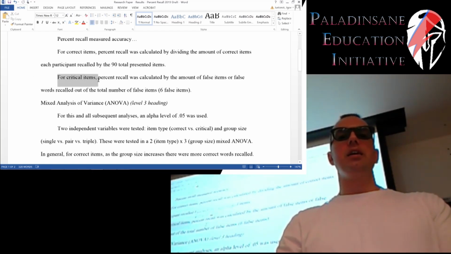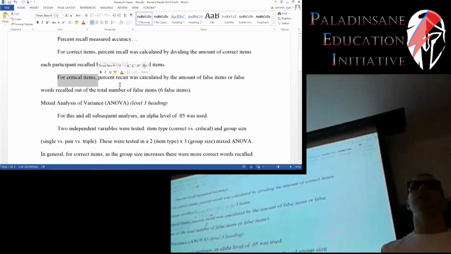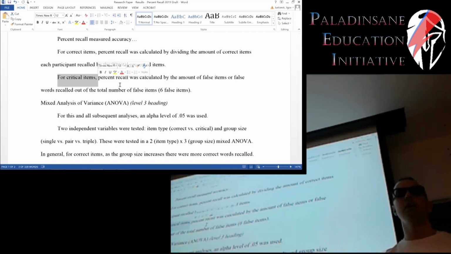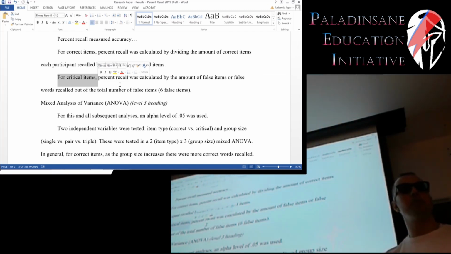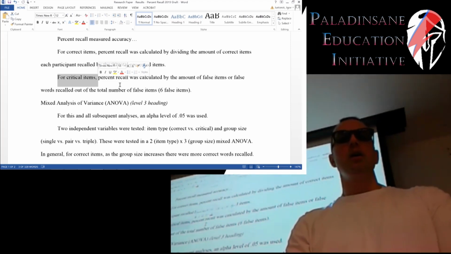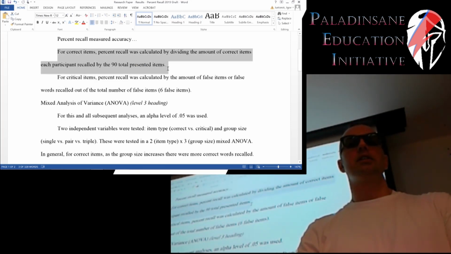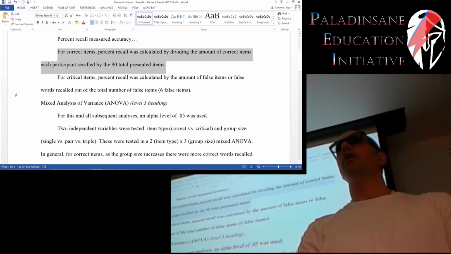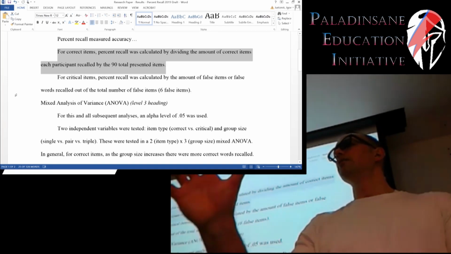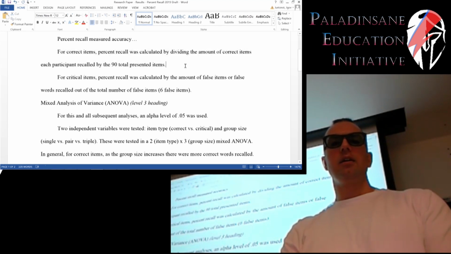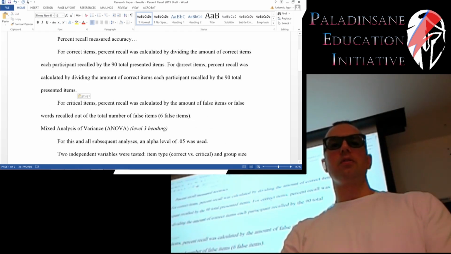Now, once again, we're going to take advantage of that Goldilocks and the Three Bears analogy, and we're going to make this as simple for the reader as possible. So we just workshopped this sentence here for the percent recall for correct items. Let's just take that and go for critical.